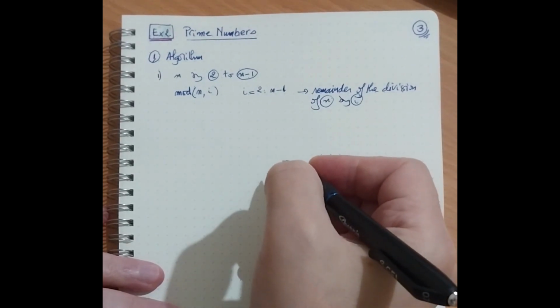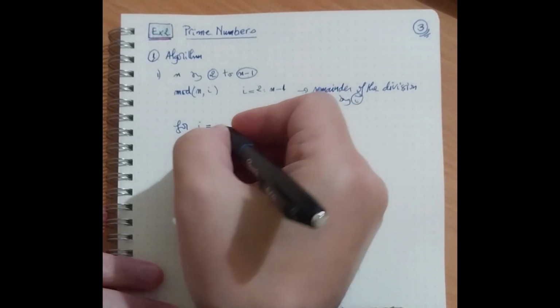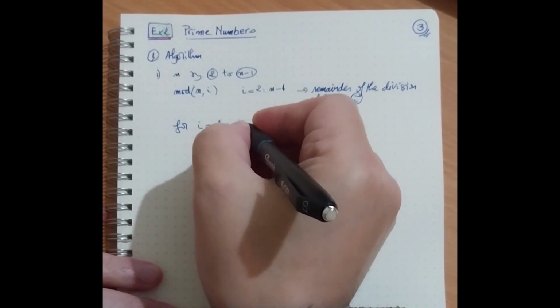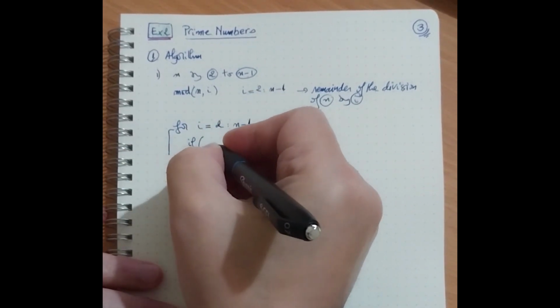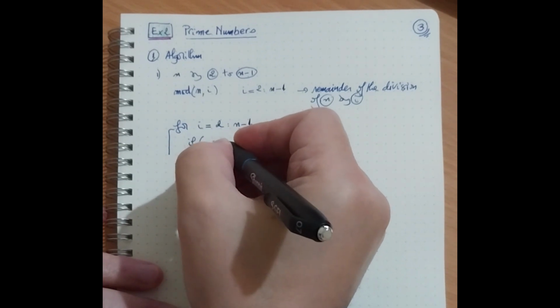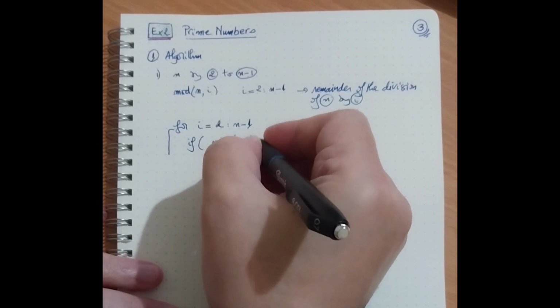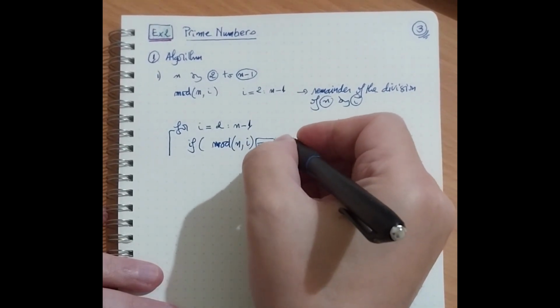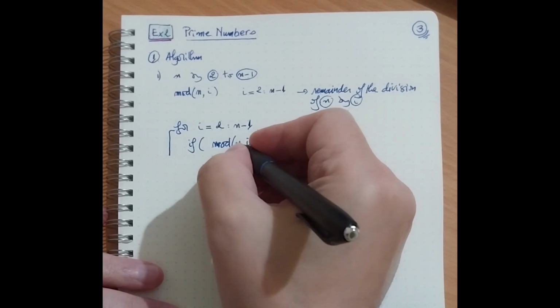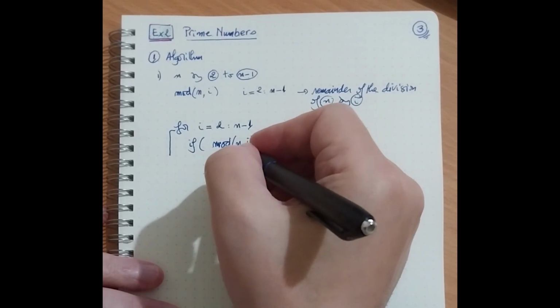How to write that in Matlab? Very simple. We use a loop for i from 2 till n minus 1, and inside the loop we check if the modulus of n by i equals 0, comparison, not assignment. That is, i is a divisor of n. If the remainder equals 0, it means i is a divisor of n.